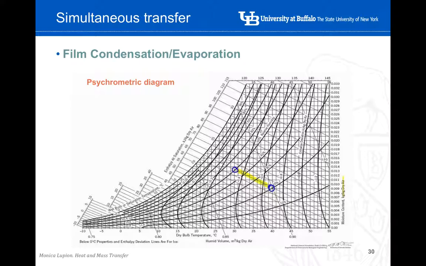I'm pretty sure you're familiar with this diagram. There are different entries and there are different parameters that you can calculate. But as I mentioned, this is just a graphical representation of the different equations that you will have to solve when it comes to the simultaneous transfer of energy and mass.